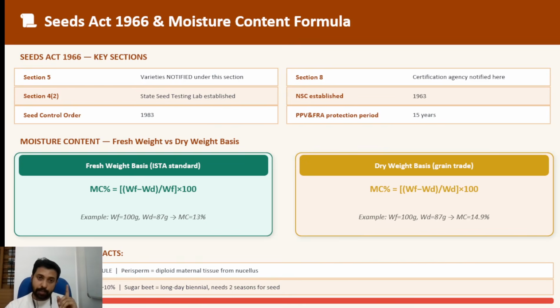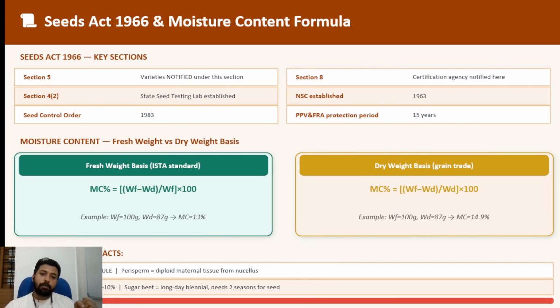You should know the section number and what that section deals with. In addition, as an update, you should know the newly proposed Seed Act and the differences it has from the traditional Seed Act. Hope that is clear, right?